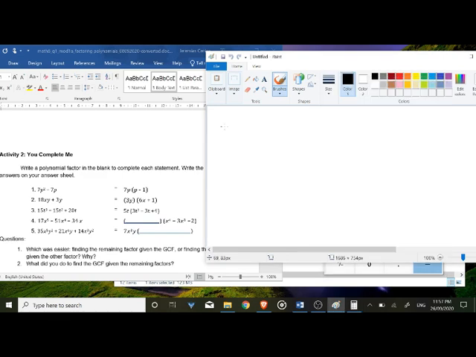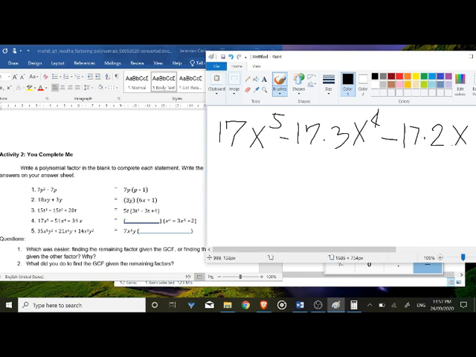So 17 x to the 5 minus 17 times 3, ayun, x to the 4th minus 17 times 2, si 34 yan, 17 times 2.